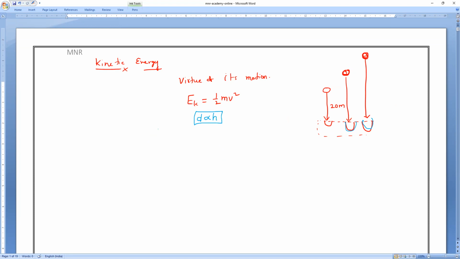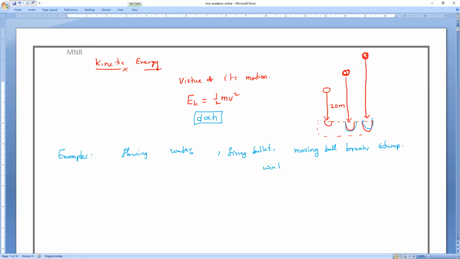So let us come to the examples of kinetic energy. We can take many examples in our surroundings. For example, flowing water definitely possesses kinetic energy. If you fire a bullet, a firing bullet also possesses kinetic energy. A moving ball breaks the stumps, so that also possesses kinetic energy.